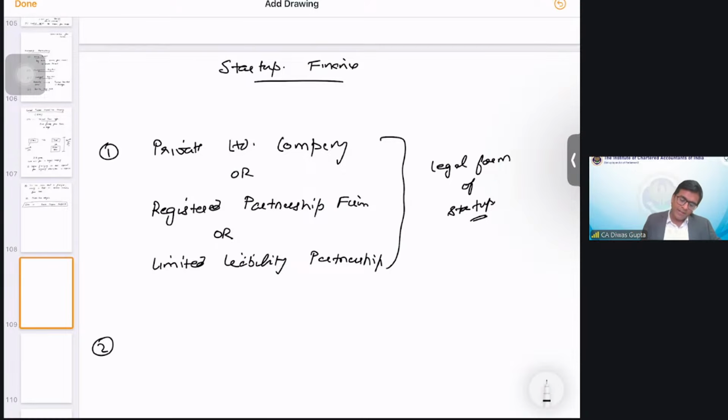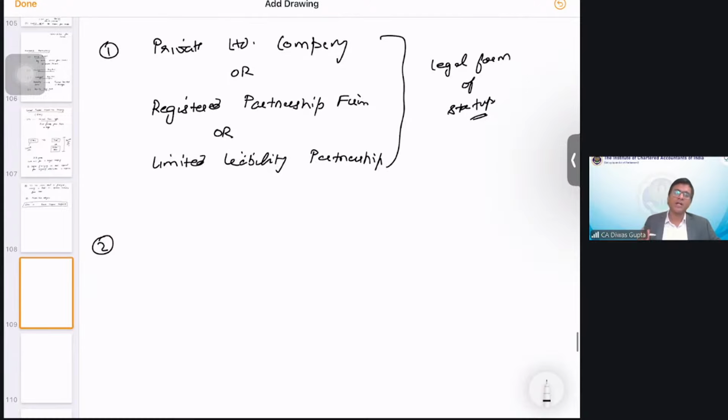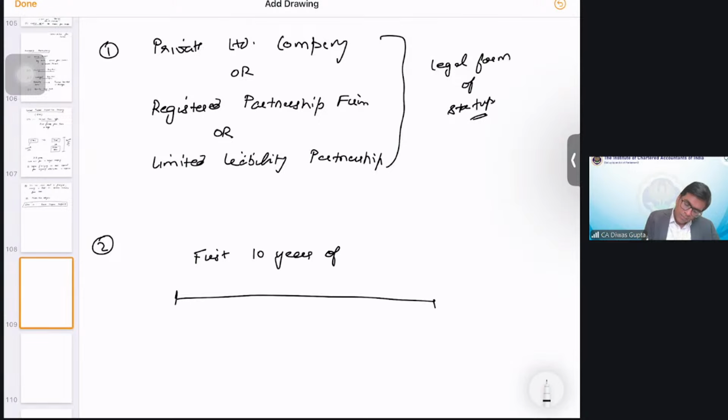Second, a new venture will be called a startup if it is in the first 10 years of incorporation.